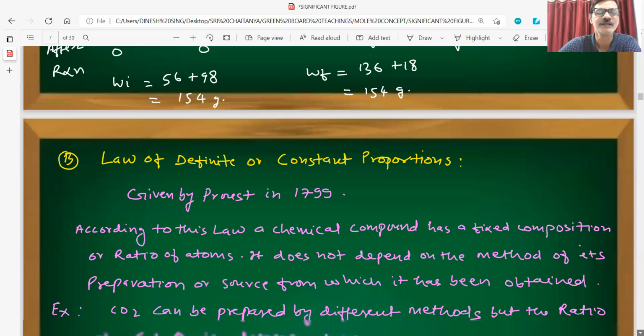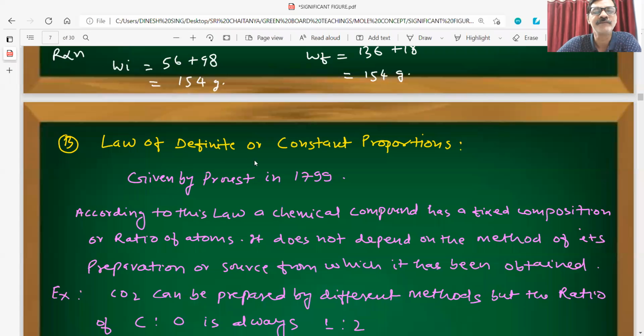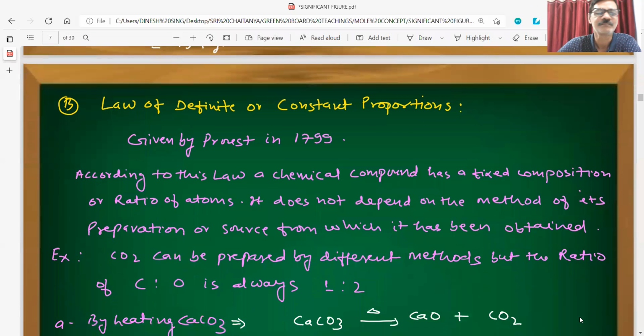The second law is the law of definite or constant proportions. This law was given by Proust in 1799. If we define this law, according to this law, a chemical compound has a fixed composition or ratio of atoms.